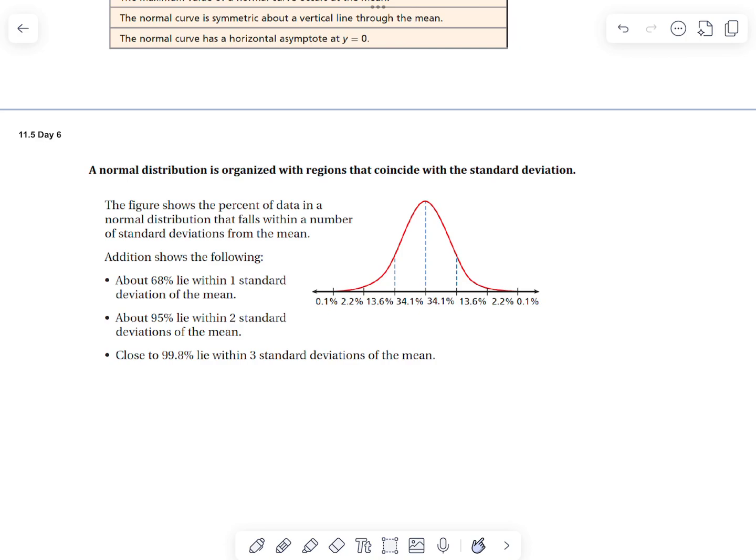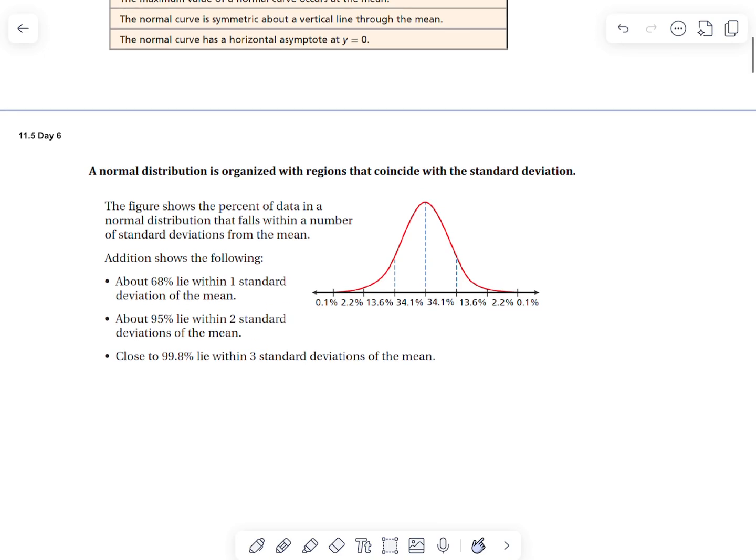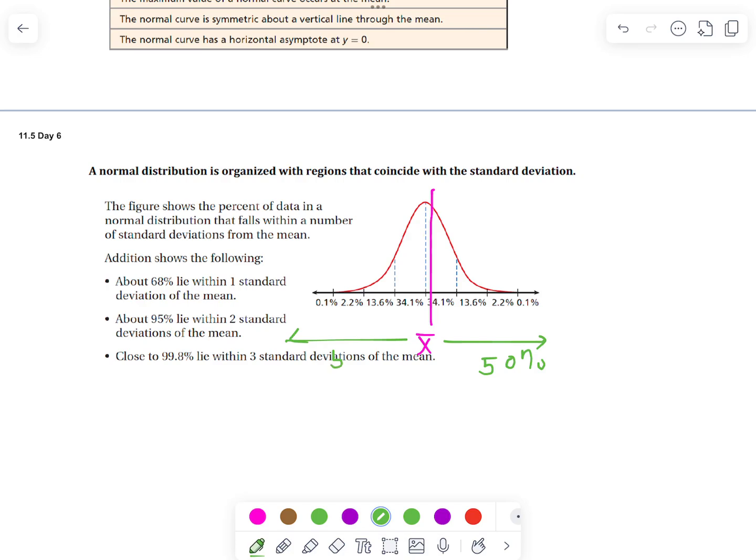A normal distribution curve coincides with standard deviations. The figure to the right shows you the percent of data that's going to fall within the curve and its parameters. So if we say this is the mean, again in the middle, 50% of the data is going to fall above, and then 50% is going to fall below.